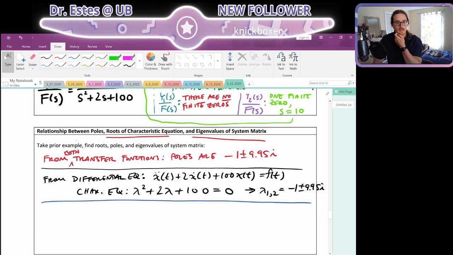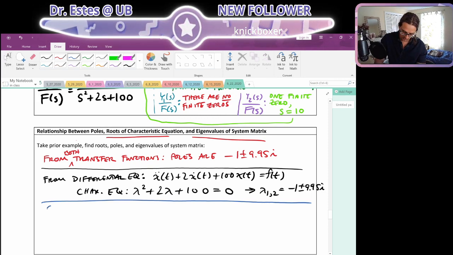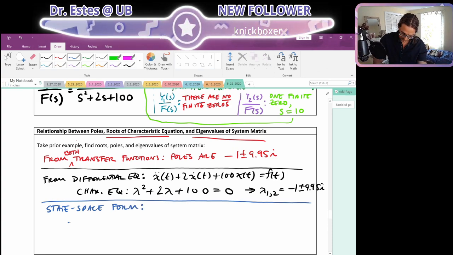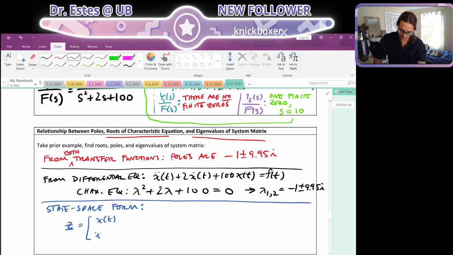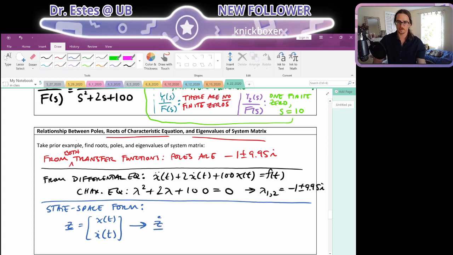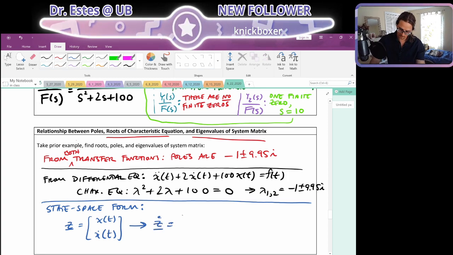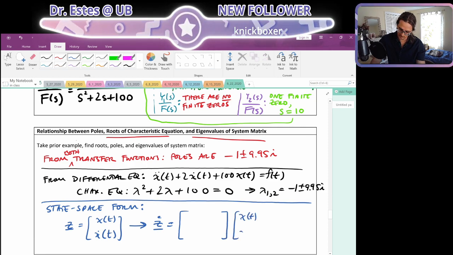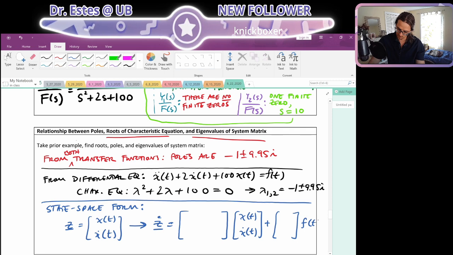Now, the last thing, if we were to put this system in state space form and get the A matrix, if I said my state vector z is x of t and x dot of t, well then if I take the first time derivative of that, I'll get an A matrix times my state vector plus my B matrix times f of t.